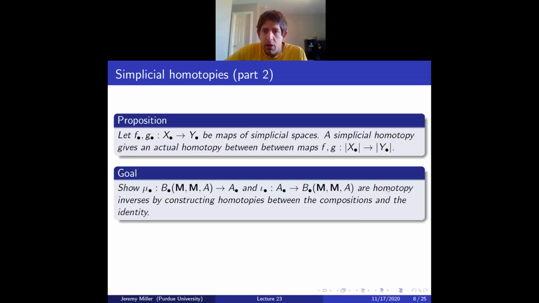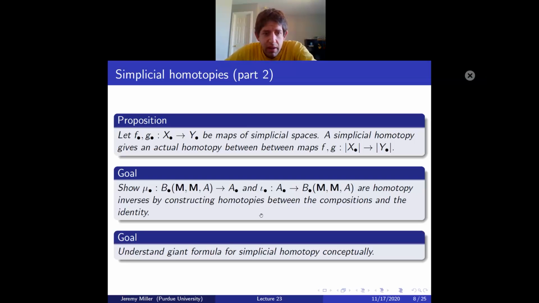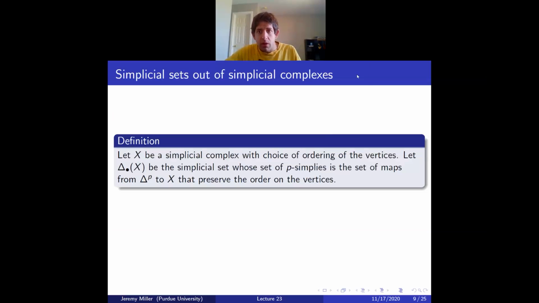So our goal is to show that these two maps are homotopy inverses by constructing homotopies between their compositions and the identity. And the sub goal is to understand the formula for simplicial homotopy more conceptually.